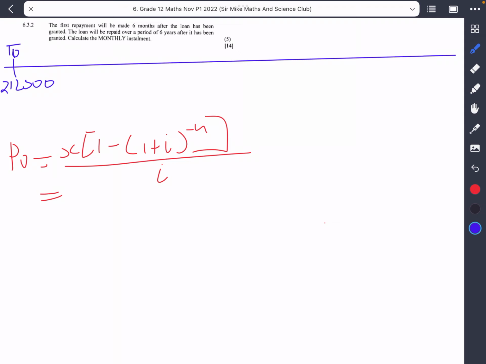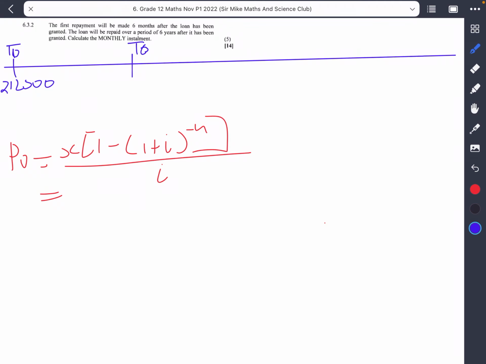So what I'm going to do again is draw a timeline. We know this is where the loan was granted, so this would be T0.